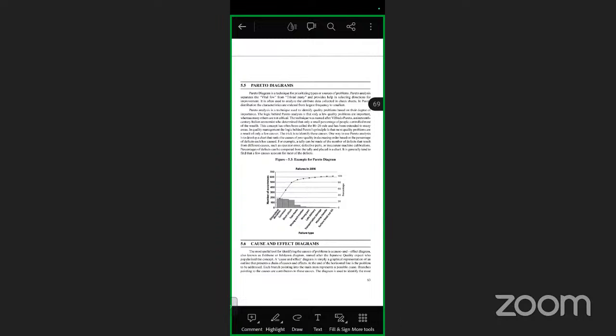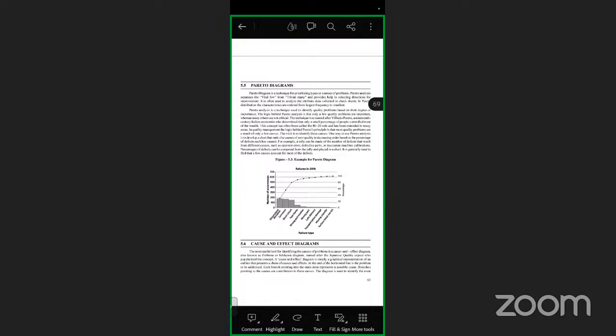So Pareto analysis is a technique used to identify quality problems based on their degree of importance. The logic of this analysis is that only a few quality problems are important, whereas many others are not critical. This technique was named after Vilfredo Pareto, a 19th century Italian economist who determined that only a small percentage of people controlled most of the wealth.